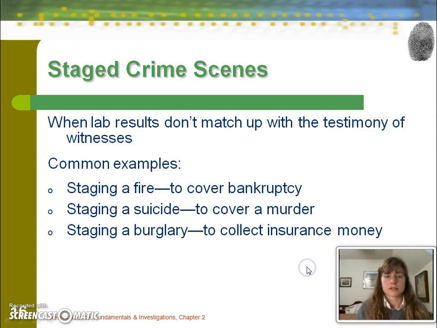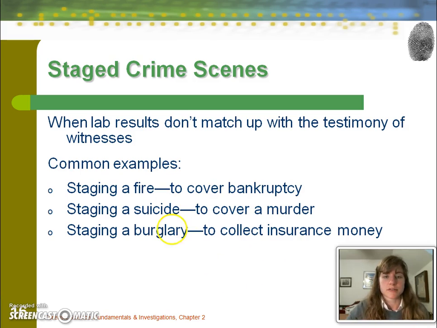Another reason to reconstruct the scene is to be able to pick up on a staged crime scene. If you've interviewed the witnesses, which by the way is done by the detective, not by the crime scene investigators as you see on TV, and the CSIs have collected the evidence, brought it back to the lab, and are analyzing it, and you find a discrepancy between the evidence and that direct evidence or testimony, then you may have something going on there.